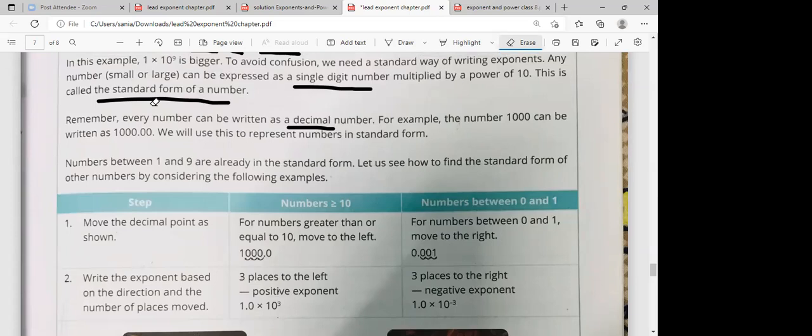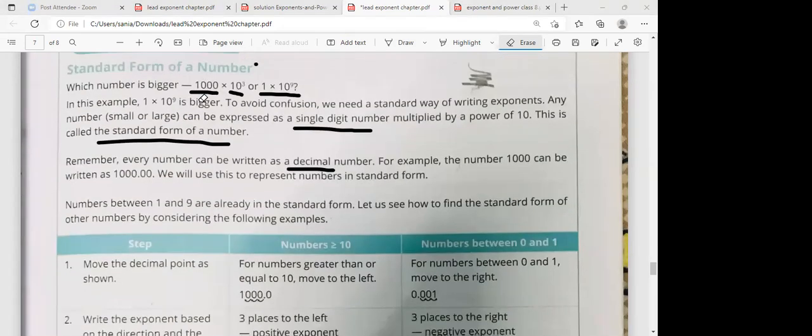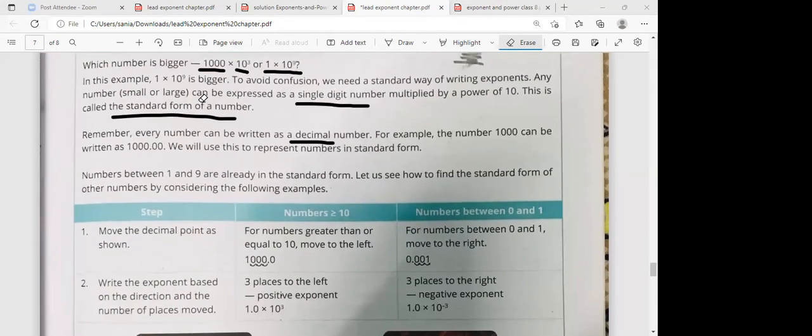Swar, give it a heading. Standard form of a number. Okay.